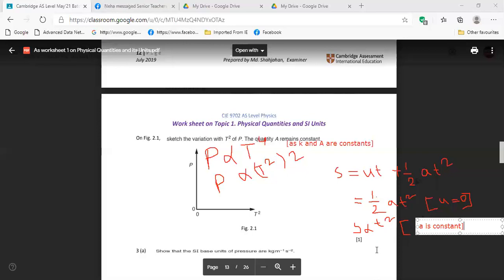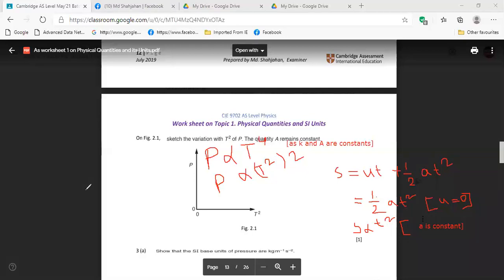Okay, now you look here, this one: s is directly proportional to t square. Then you can recall the distance-time graph or displacement-time graph shape you got in O levels. If it is constant acceleration and you are drawing the s-t graph, what will be the shape?